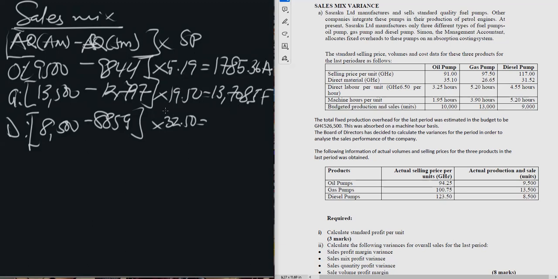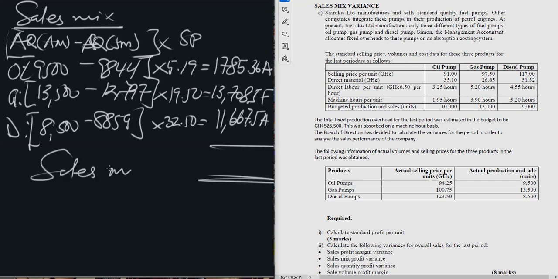And you have 8,500 minus 8,859, all times 32.5. That gives us 11,667.5 adverse.